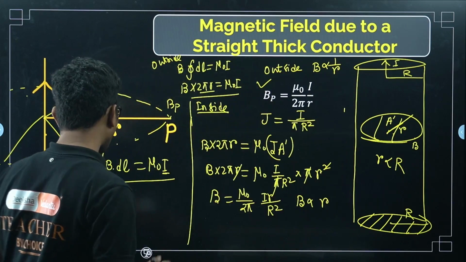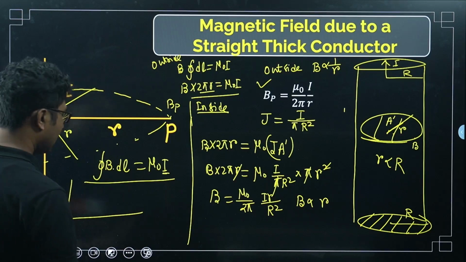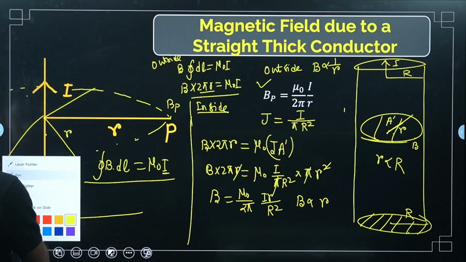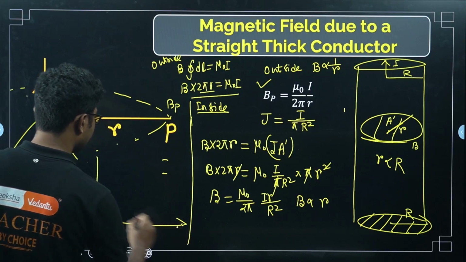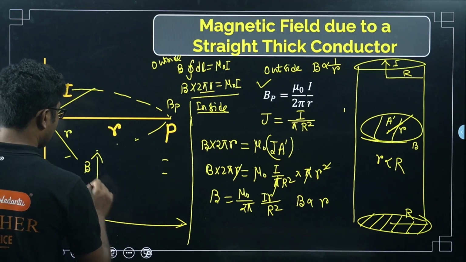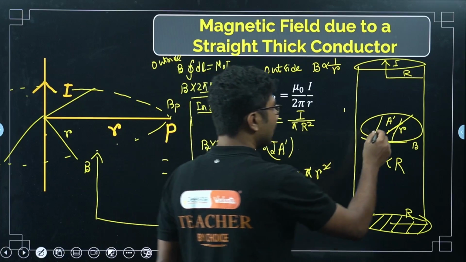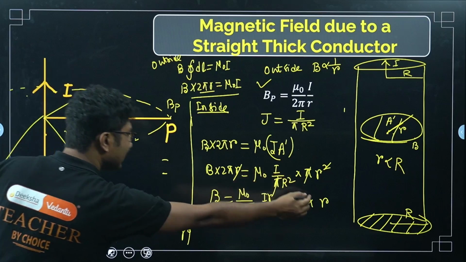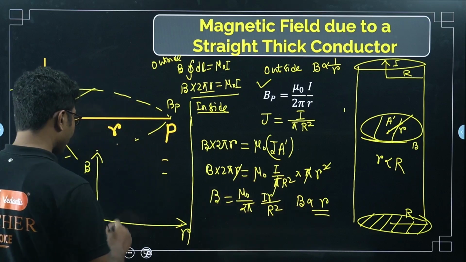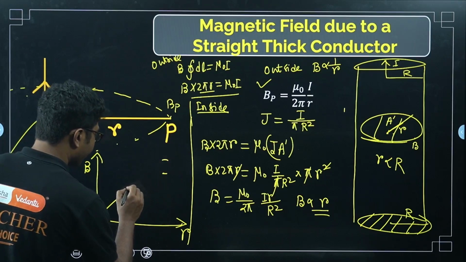If you plot the graph of magnetic field B versus distance r, till it is inside this wire, it will increase linearly because B is proportional to r, till it reaches the surface.